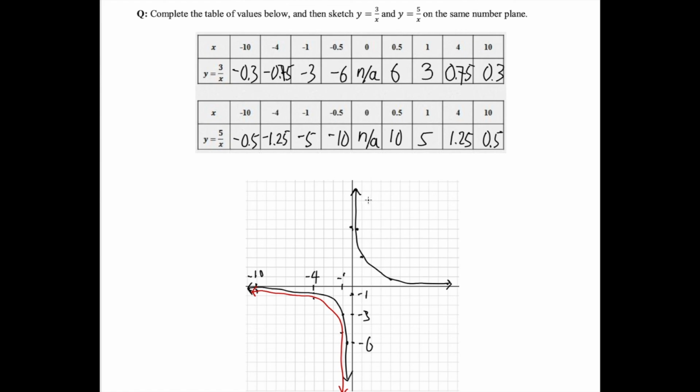So as you can see, over here the y values are all smaller than the values here, and over here the y values are all bigger, right? So in a way, you can say that the graph y is equal to 5 on x is inside the graph of y equals 3 on x, okay? So I'm not going to go through the points, but it's going to look something like this, okay?